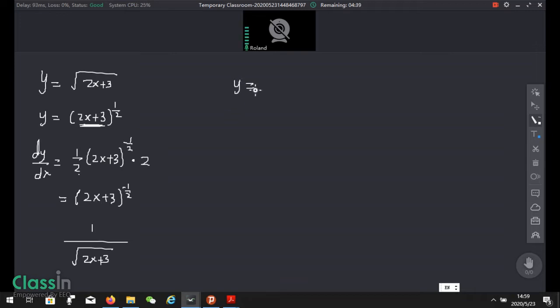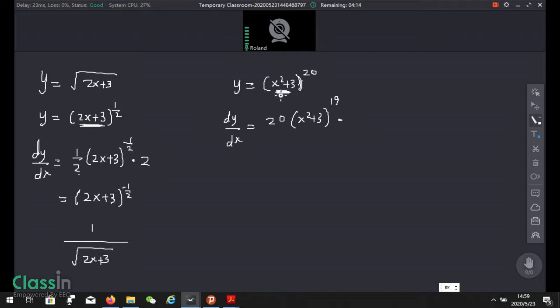If you have y equals (x squared plus 3) to the power 20, dy/dx will be, this power is 20, so we multiply 20 by (x squared plus 3). 20 minus 1 becomes 19, multiplied by the derivative of the expression in the bracket.